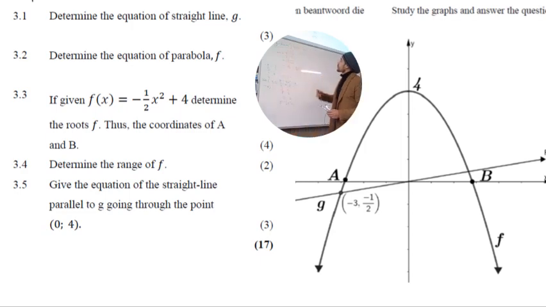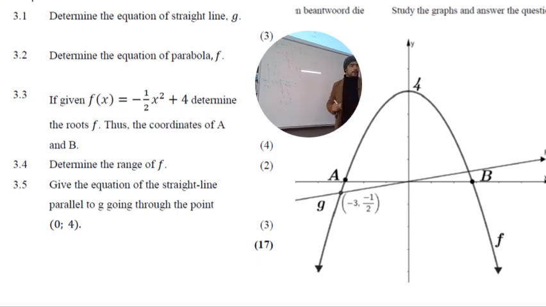All right. Now, to determine the x-intercepts, we know how to determine any x-intercepts in any graph. We make y equal to 0. So that means this is our equation: 0 is equal to negative a half x squared plus 4.